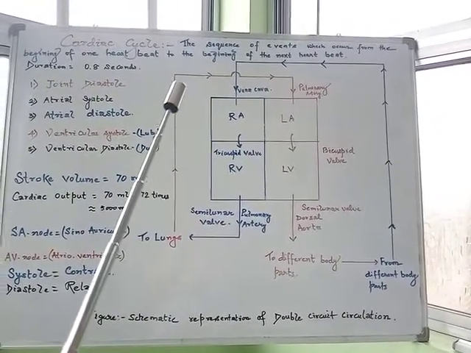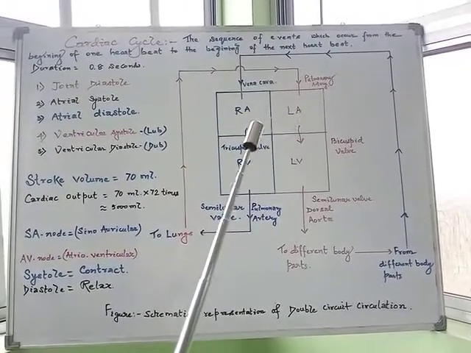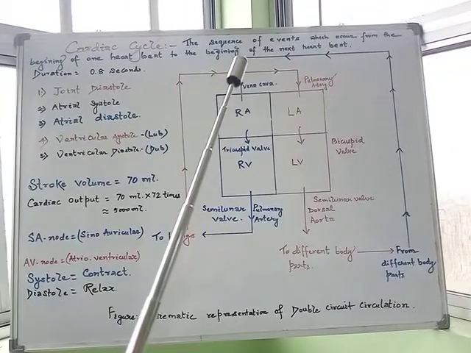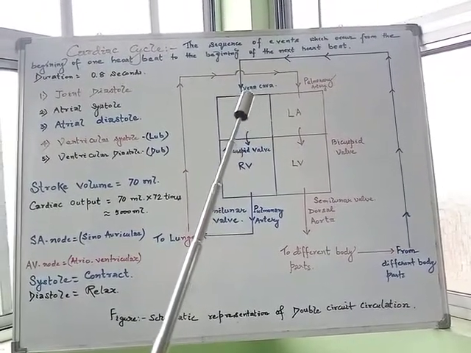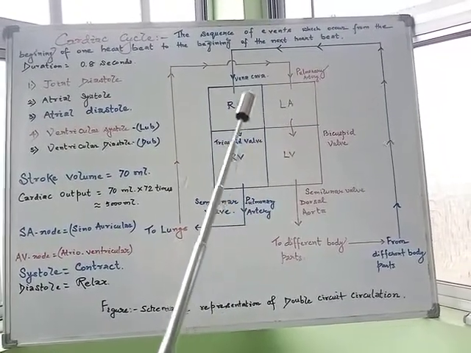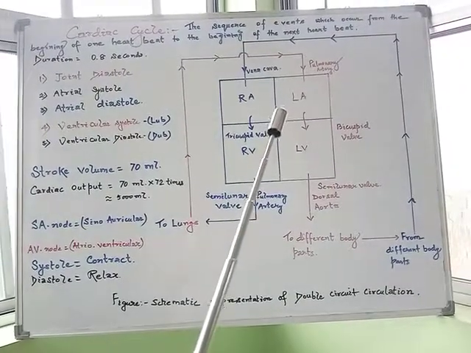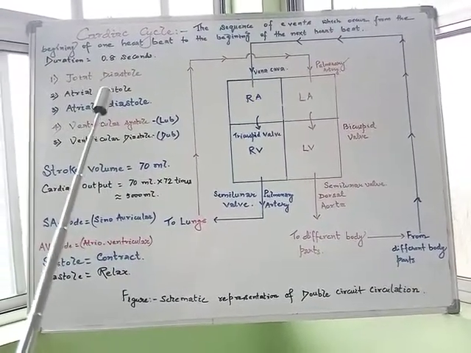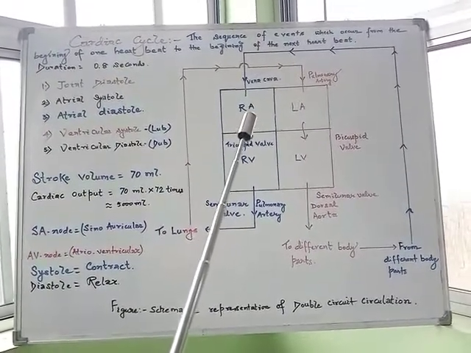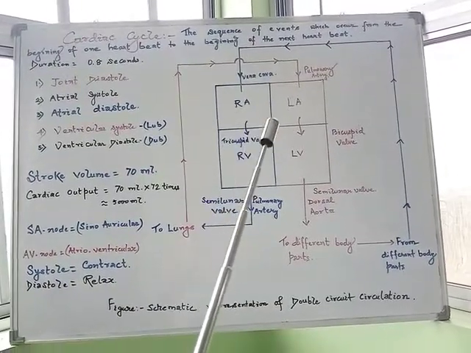We have discussed in the double circuit circulation that the blood enters the right auricle from different body parts through the superior vena cava and inferior vena cava, whereas within the left auricle the blood is coming back from the lungs after reoxygenation. So during joint diastole, blood flows through these major veins back to the heart.